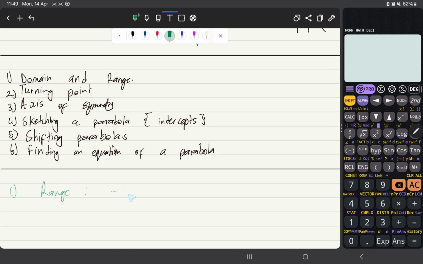It's just gonna be from negative infinity to positive infinity, or you can just say y is an element of. Me, I just used to write it like this back in my days. There's nothing wrong with that.